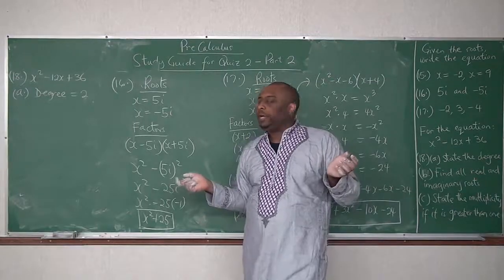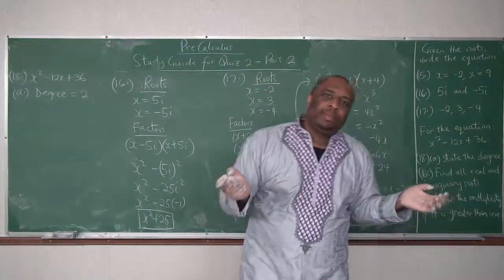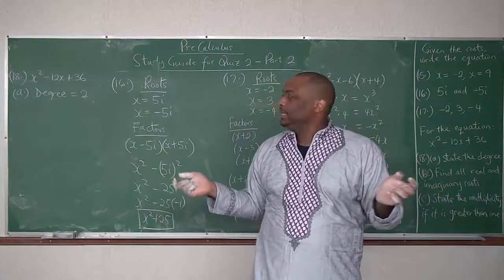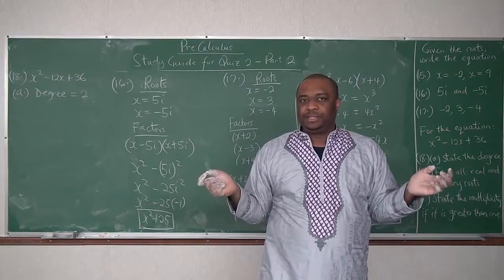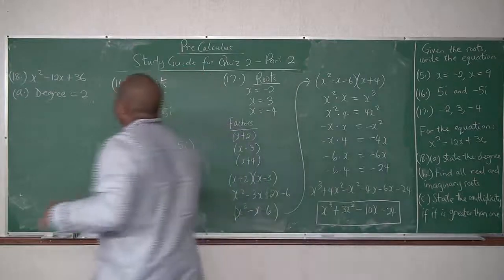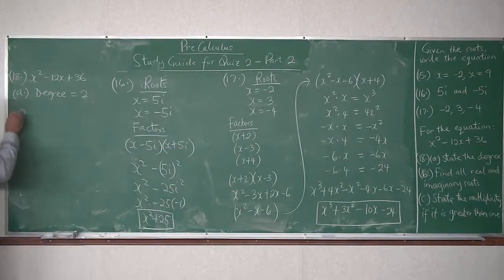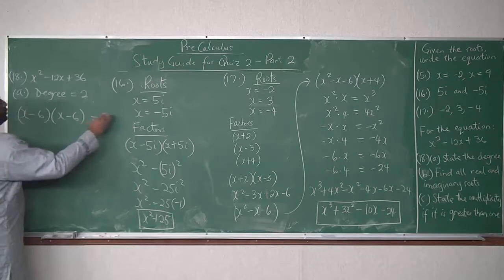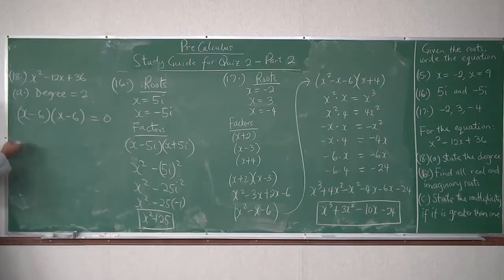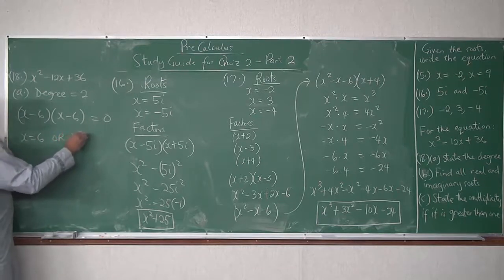Negative 4, negative 9 will not work. 6 and 6 will not work. Negative 6 and negative 6 will work. So we have x minus 6 and x minus 6 equal to 0.